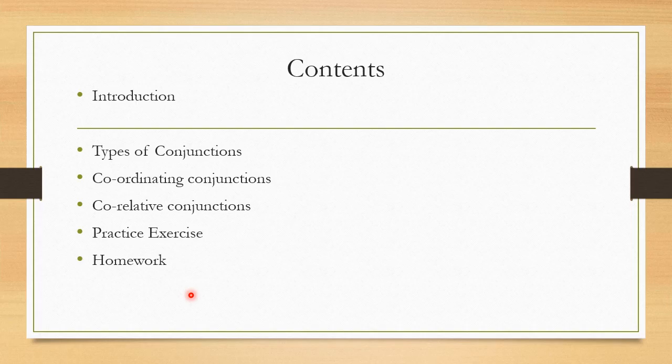Moving next, first I would like to introduce you what conjunctions are. In my language, if I explain you, conjunctions are words that join other words, phrases, clauses, or sentences. A brief introduction I've given you right now. A detailed one I will be giving you in the next slide.